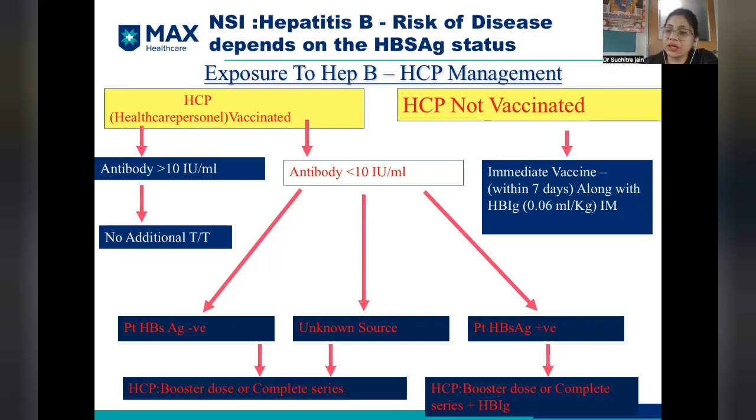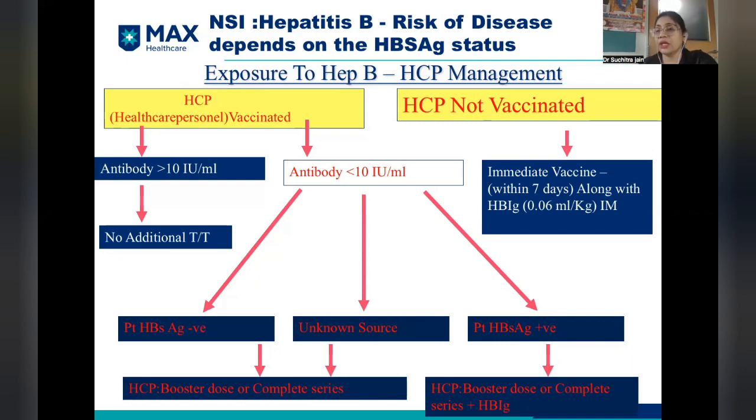If your healthcare staff is vaccinated but his antibody titers came out to be less than 10 international unit, what we must do is, if the source patient is hepatitis negative, then give a booster dose. If the source of needle stick injury is unknown, we should give a booster dose again.